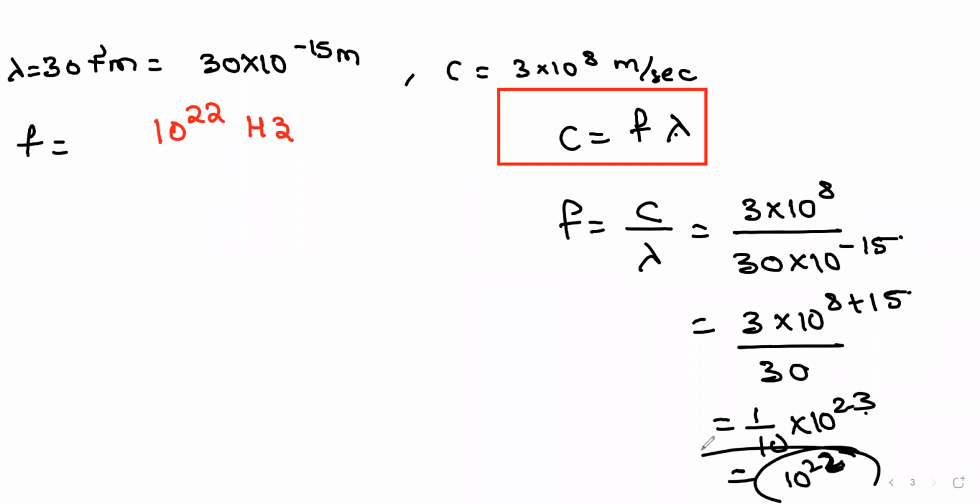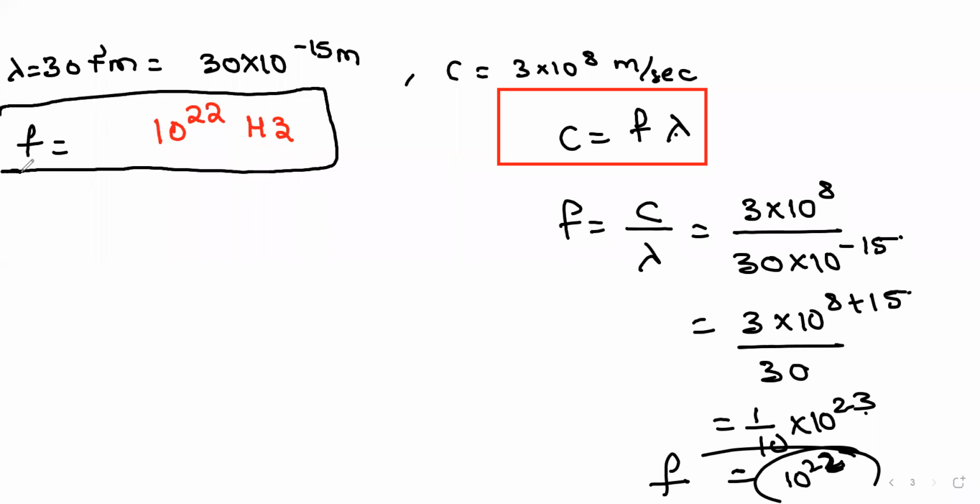So 10 power 22 hertz is the frequency of the electromagnetic wave. So we know an electromagnetic wave which has 10 power 22 hertz frequency, and we don't know electromagnetic waves whose frequency is more than 10 power 22 hertz.